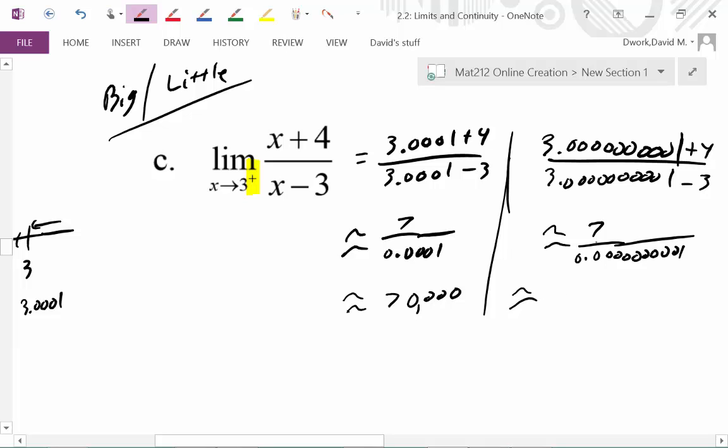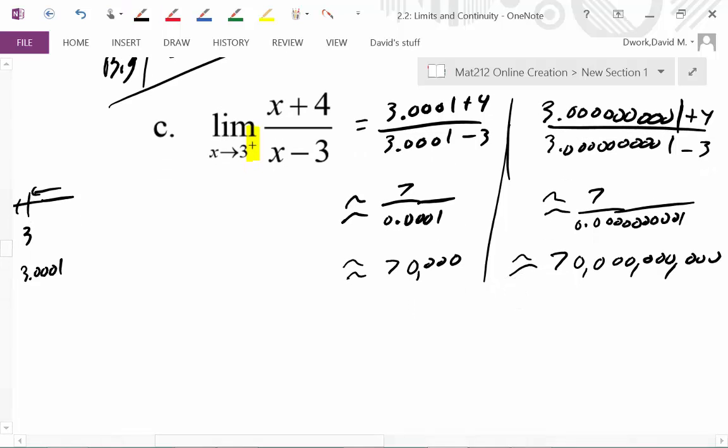If I divide by this, instead of getting 70,000, I'm going to get something even bigger. You can check it in your calculator if you want, but this is tens, hundreds, thousands, 10,000, 100,000s, millions, 10 millions, 100 millions, billions, 10 billions. Woo! All right.